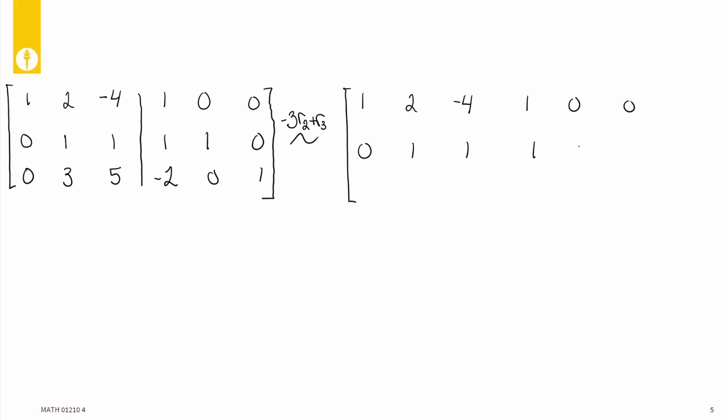Which means the first 2 rows remain unchanged. Negative 3 plus 5. Negative 3 plus negative 2. Negative 3 plus 0. And then 0 plus 1. That's what we have, yeah? Now what?